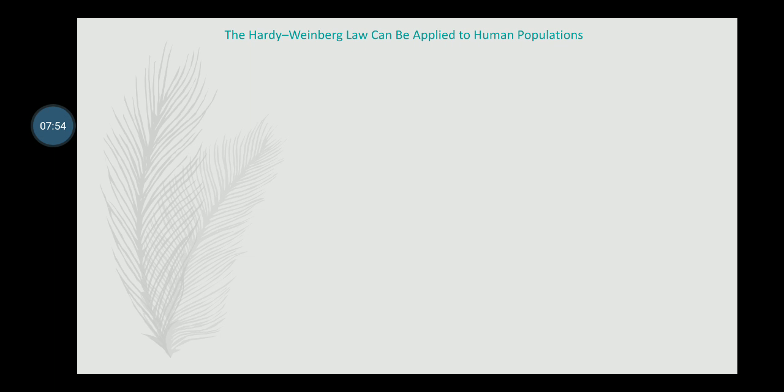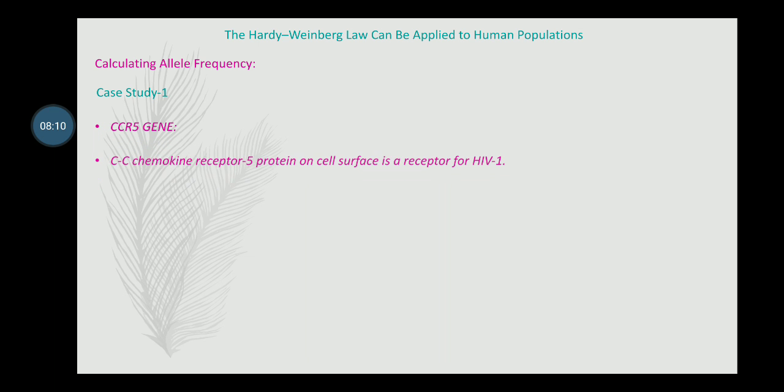Now, the Hardy-Weinberg law can be applied in human populations. Let's have some examples, first of calculating allele frequency. Case study 1. The CCR5 gene, that means the CC chemokine receptor 5 protein present on the cell surface, is a receptor of HIV-1.